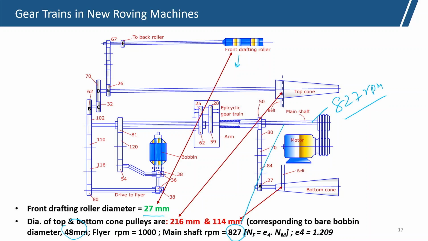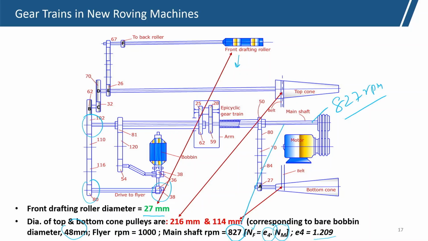From there we can calculate the spindle speed, because this is the main shaft, and this roller is getting 827 RPM. So, we can calculate NF, the flare speed, as E4 times Nm, where Nm is the main shaft speed and E4 is given as 1.209. What is E4?